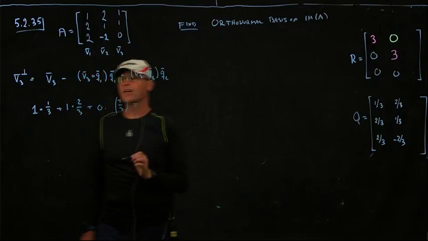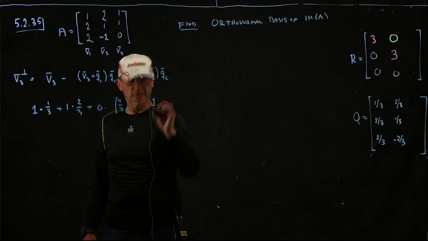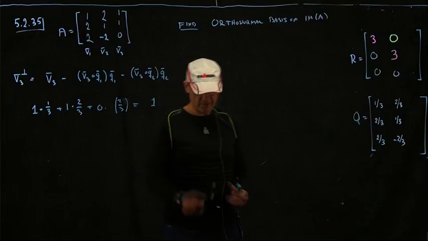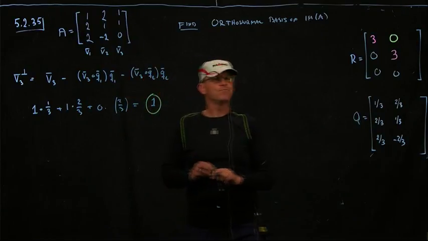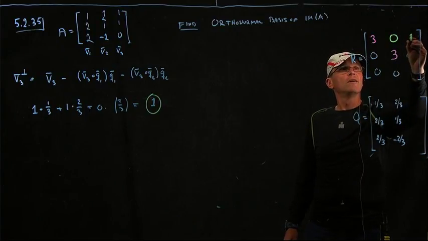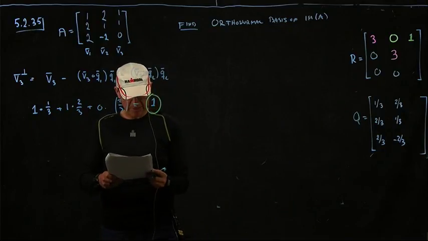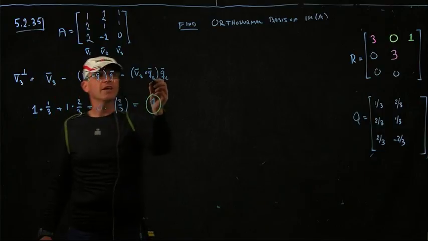So we have 1/3 plus 2/3, which looks suspiciously like 1. Okay, so we have a dot product, and it ends up over here.